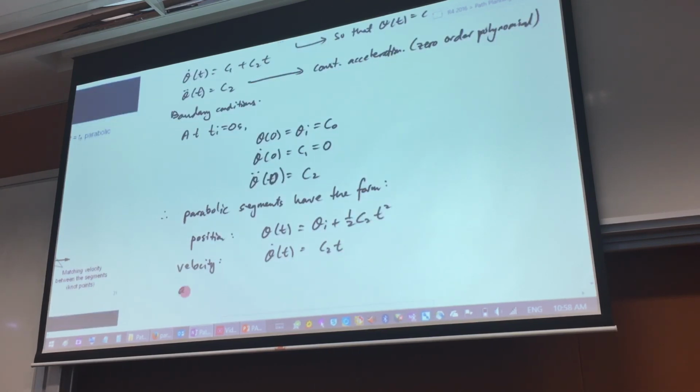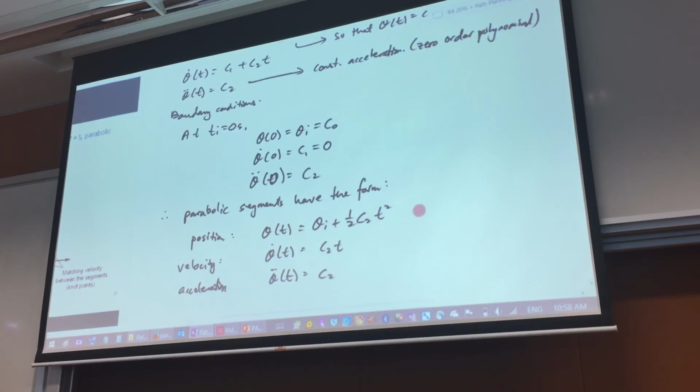And for your acceleration, you will just have theta dot dot t equal to C2, just one constant. This constant is important because in the next class you'll see how we make use of this to blend into the constant velocity. Had it not been a constant for acceleration, you cannot blend into the constant velocity. So your acceleration must be not 0, but at least a constant, so that you can blend into your constant velocity.